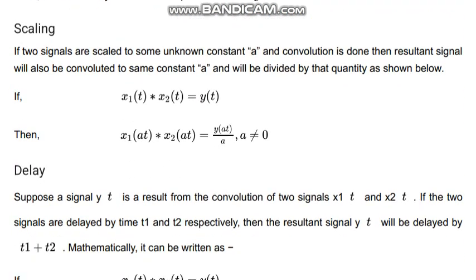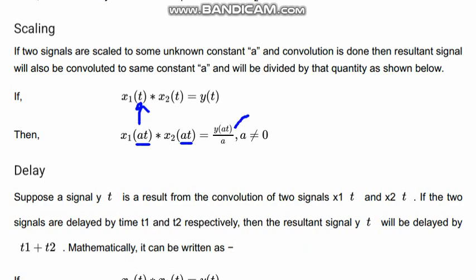Some scaling properties: if 2 signals are scaled by some unknown constant a and convolution is done, then the resultant signal will also be scaled by the constant a and will be divided by the quantity as shown below. As you can see here, scaling property means we take a constant value multiplied with the independent variable.